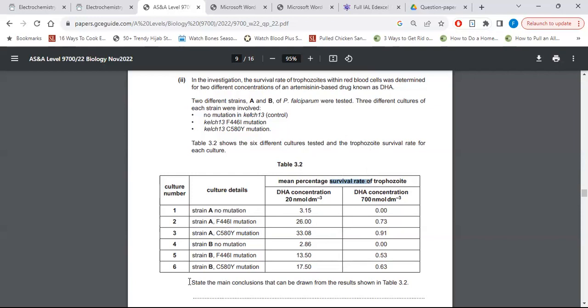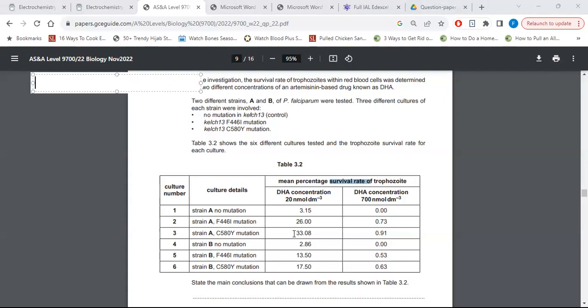Now, the question says, state the main conclusions that can be drawn from the results shown in figure 3.3. So let's take a look. What conclusions can we draw? First of all, we are going to start our answer with a blanket statement. Blanket statement means we will give a general observation.